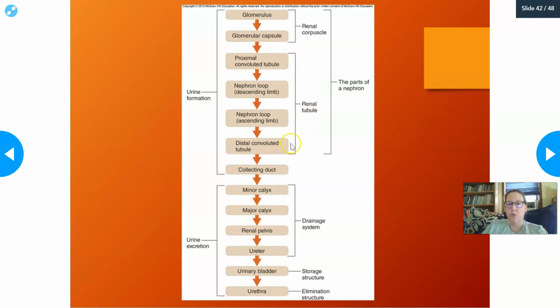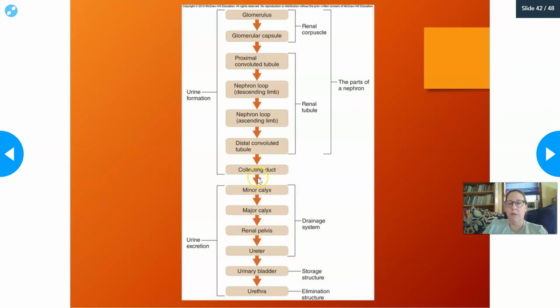These are all the renal tubule sections, right? And then it goes into the collecting duct. These are all parts of a nephron, except for the collecting duct. From the glomerulus to when it leaves the collecting duct are all the steps of urine formation. Again, you cannot modify urine once it has left the collecting duct.